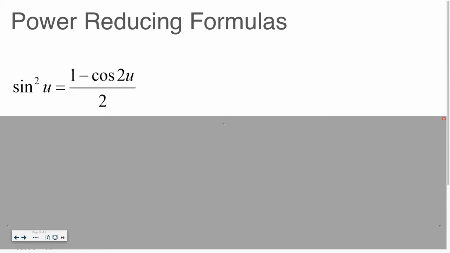So all of these are power reducing. You're going to see sine squared, and I don't want the power anymore, so it's a formula to rewrite sine squared so there's no power attached to sine. So here's the formula for sine squared u.